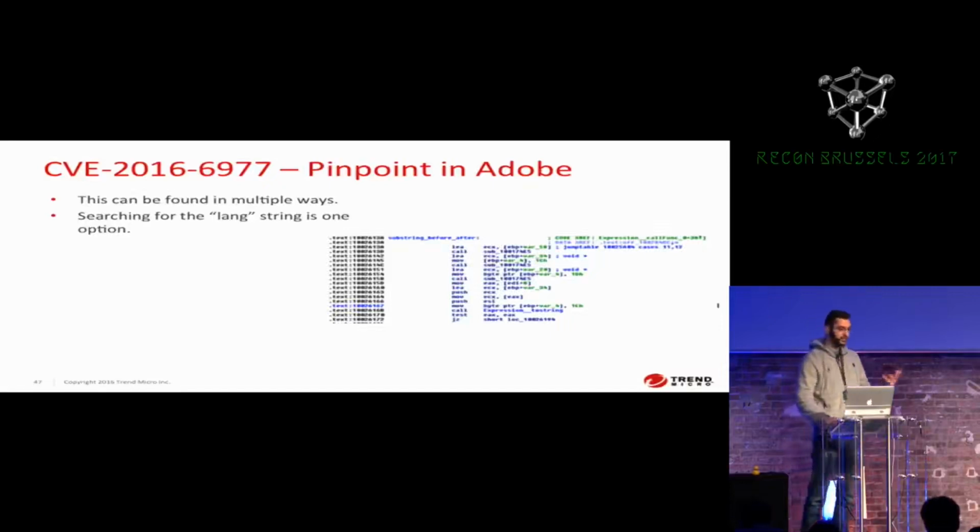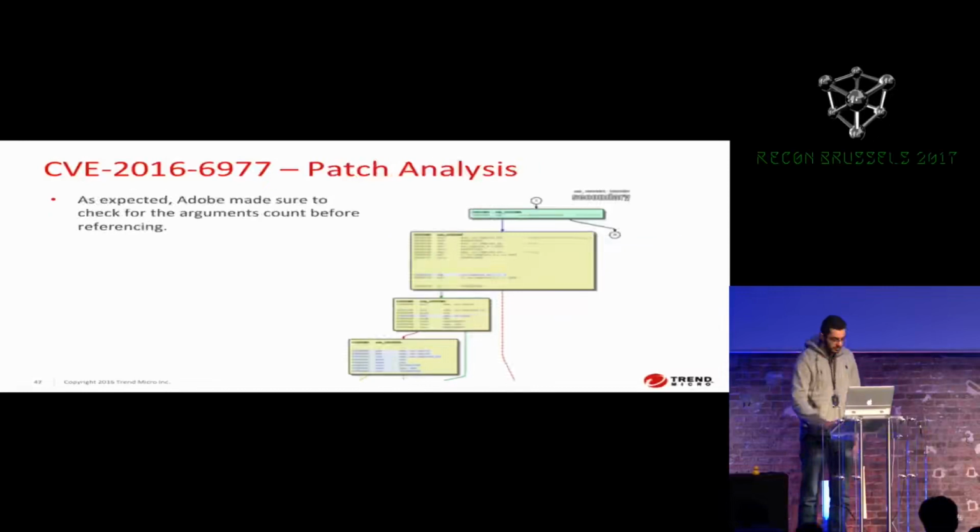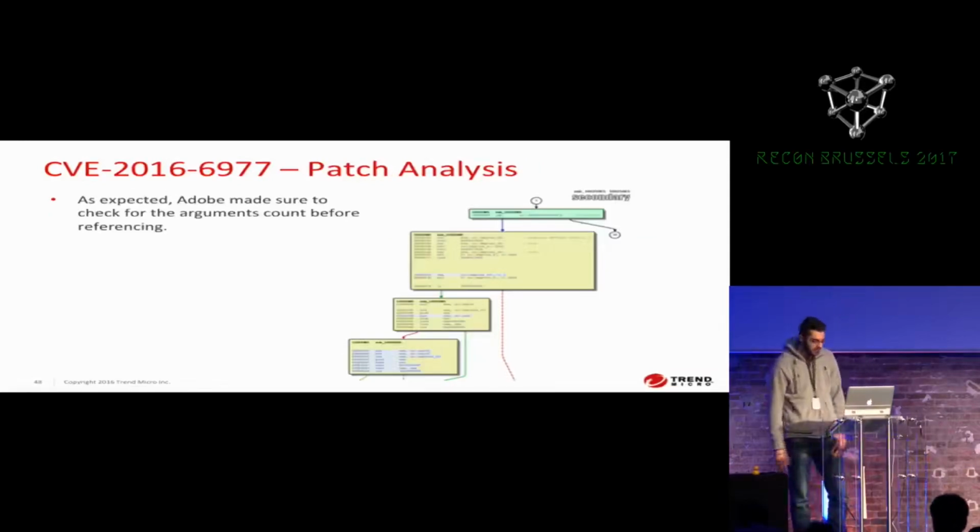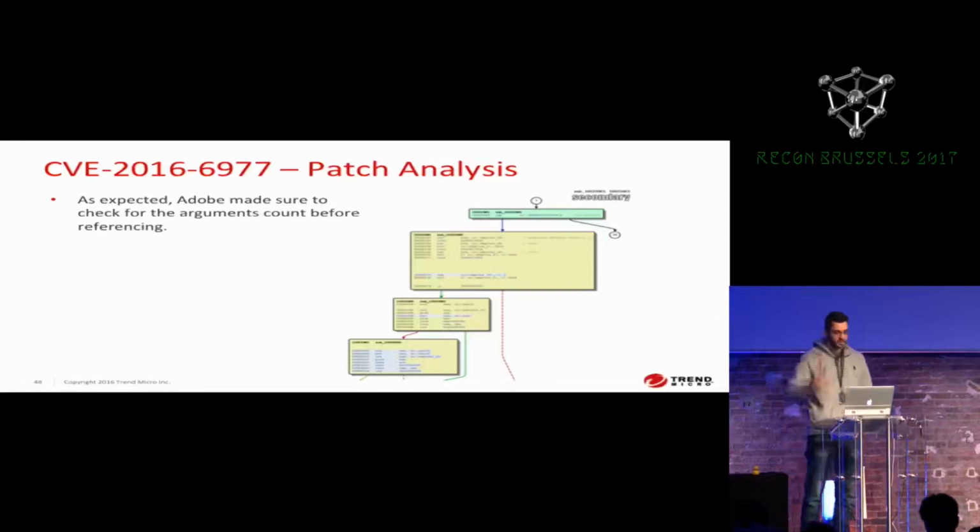By the way, both are handled inside the same switch case, so it's all good. As for the patch, I think you would probably have figured it out. They just moved the args check before referencing the actual args, so it's kind of straightforward.